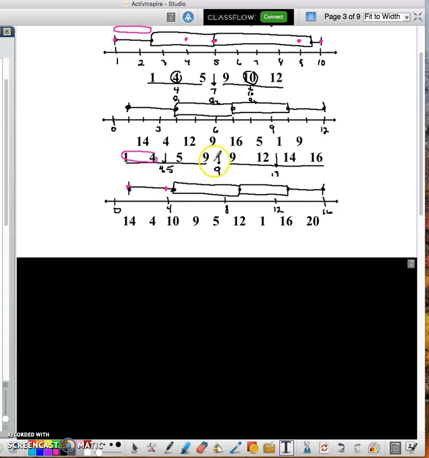Okay. In the next grouping, there's two numbers. One at 5, and that would be right about here, and one at 9, which would be right about here. Well, it's right here actually, I lied. So you can see there's two numbers here, two numbers in this grouping, and then in this grouping there are two numbers again.